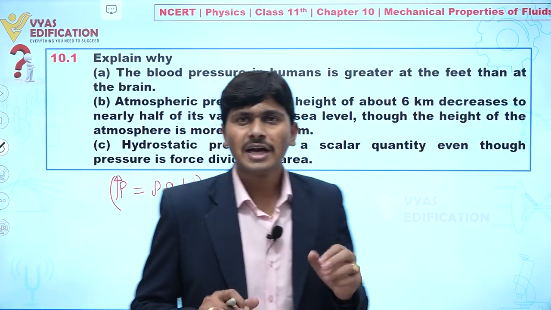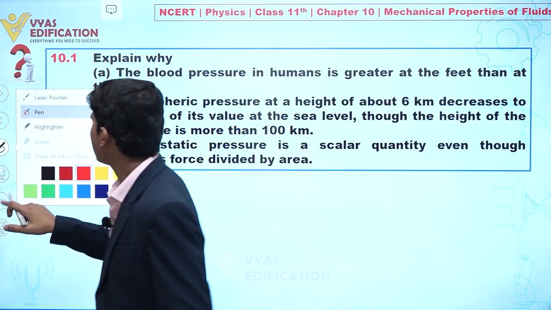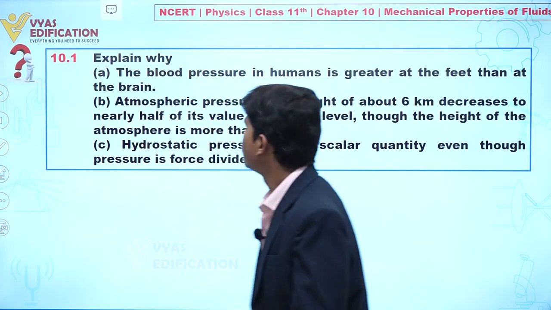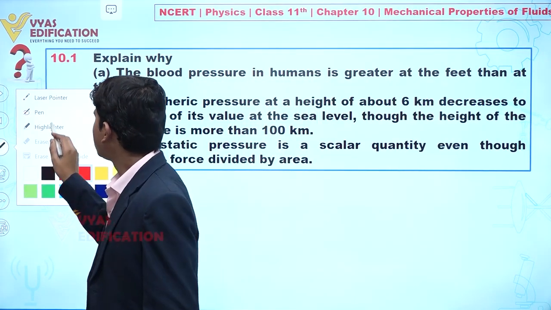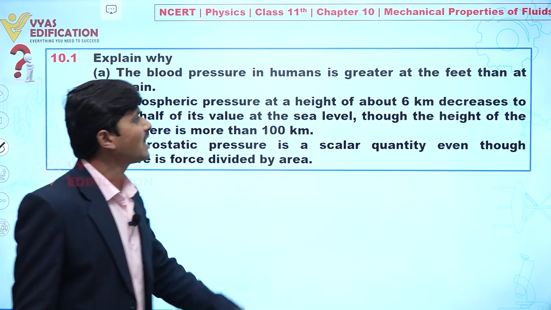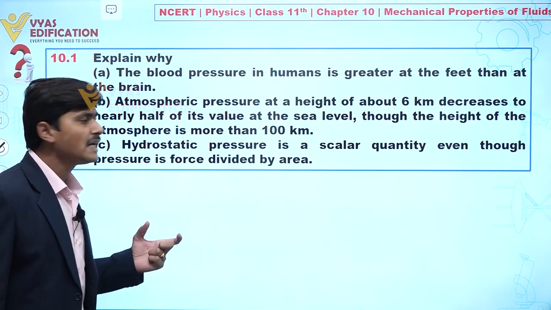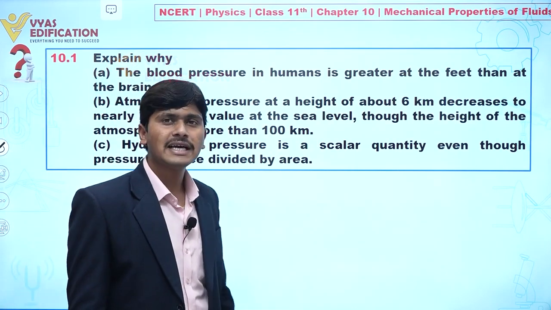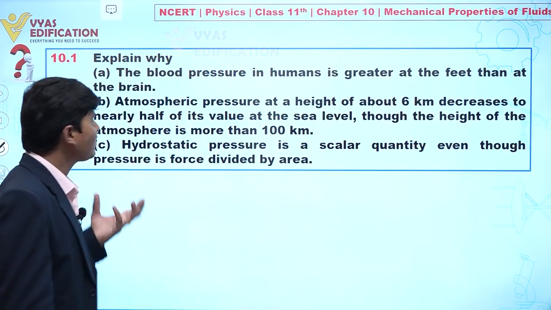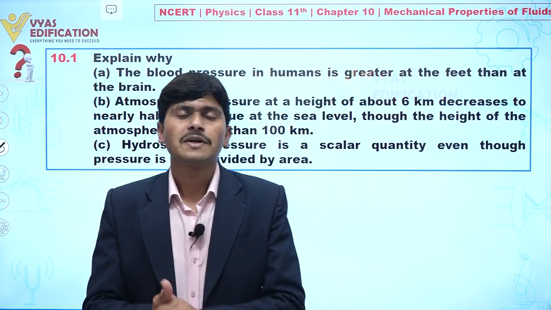Now we discuss part B. It is given that atmospheric pressure at a height of about 6 km decreases to nearly half of its value at sea level, though the height of the atmosphere is more than 100 km. Now listen carefully.